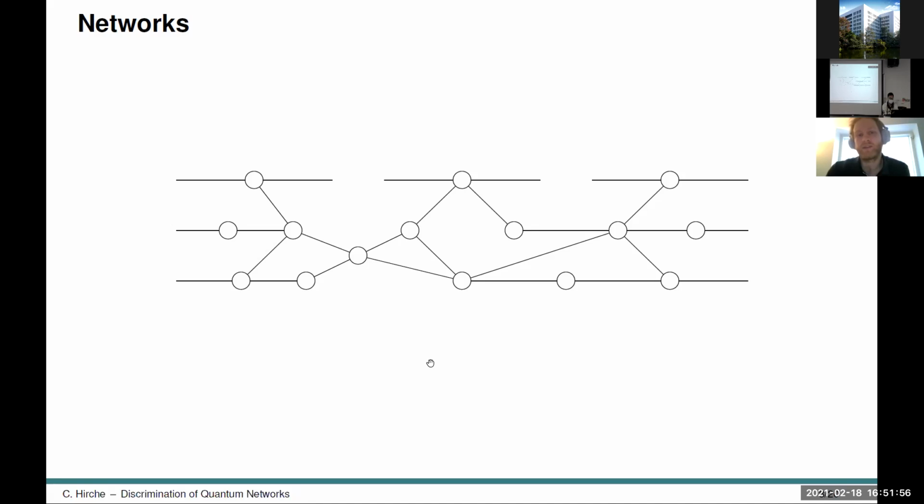And we just assume that we somehow want to send information from the left to the right of the network. And of course, now you could just collect all the inputs and use them as a joint input and all the outputs as a joint output and essentially handle this as a quantum channel.